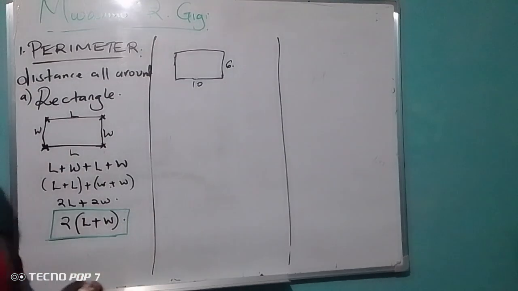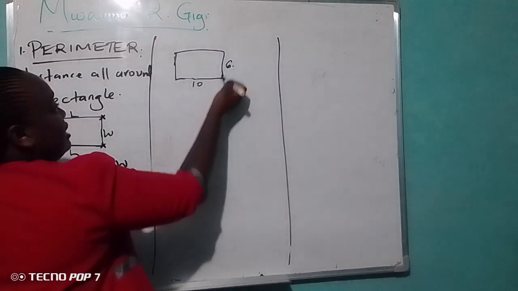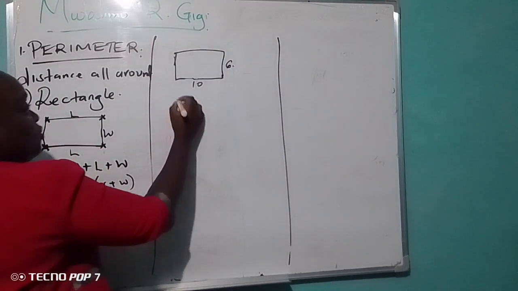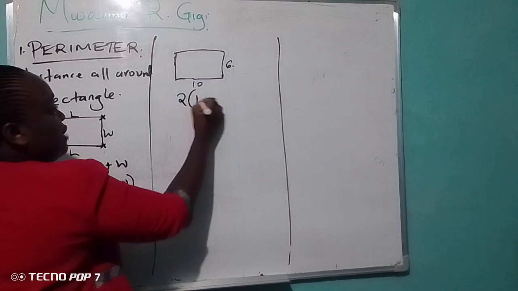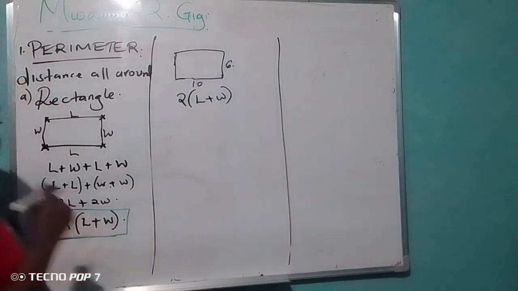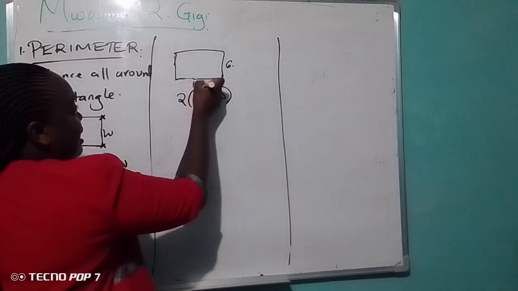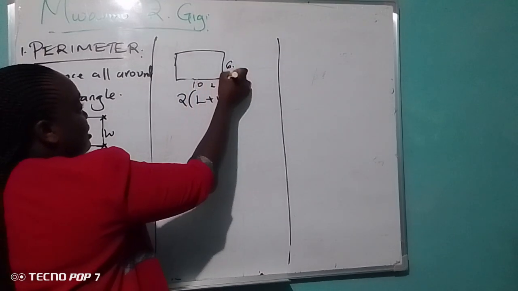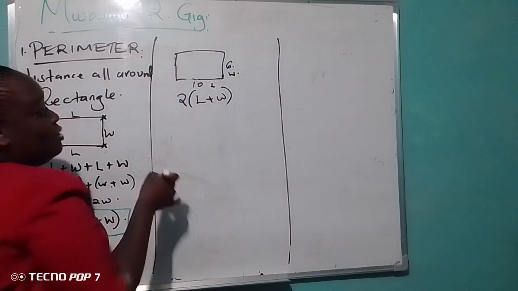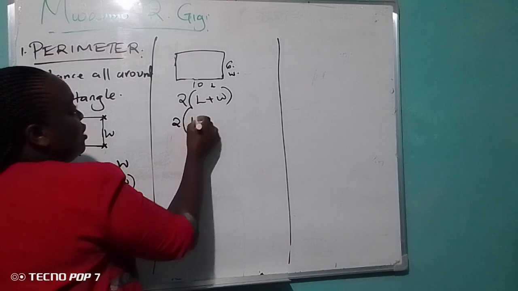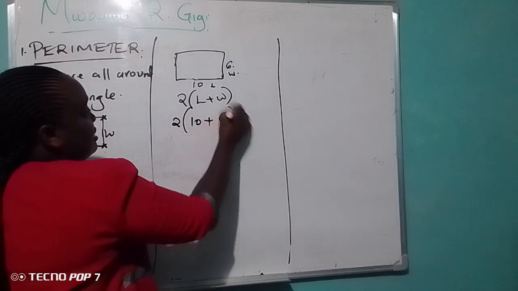You know the longer side is length and then width. So you quote the formula 2 into brackets length plus width. Quote the formula, that's the first thing you'll do. Then unajua length ni hii, width ni hii. Substitute into the formula.